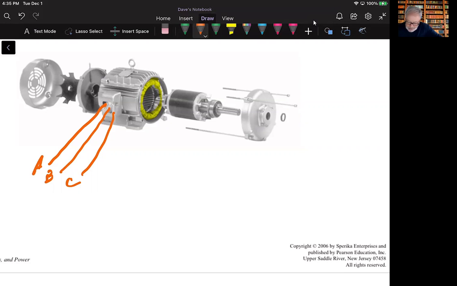And we learned that there is an equation for the synchronous speed: frequency divided by poles times 120.